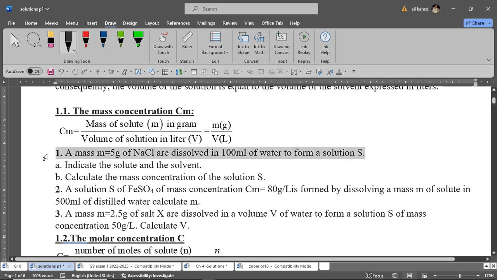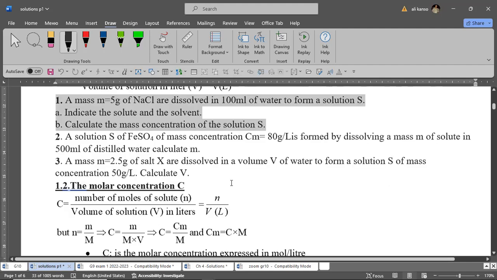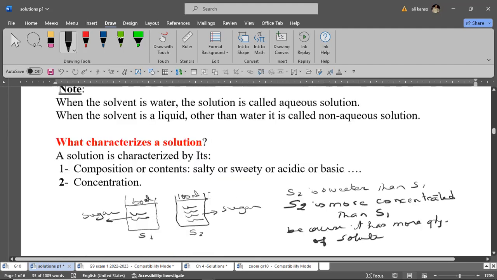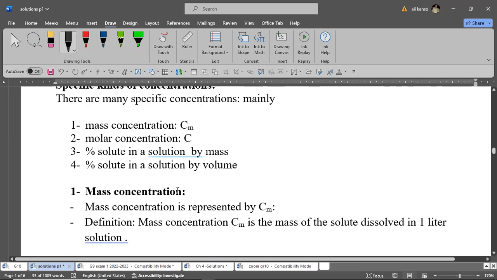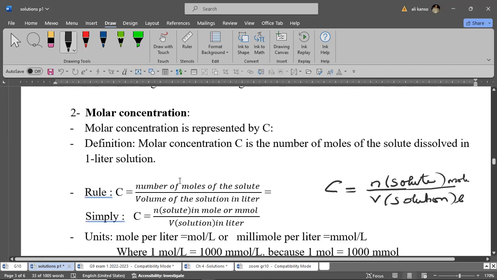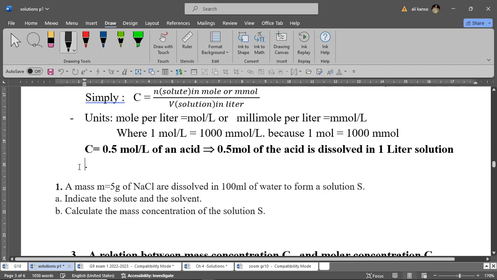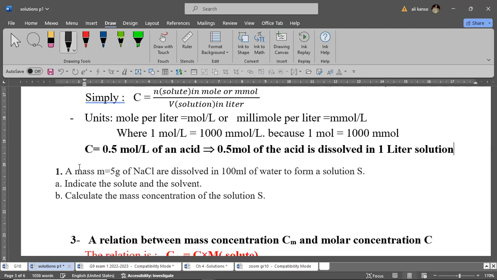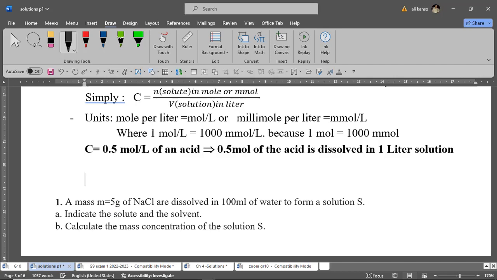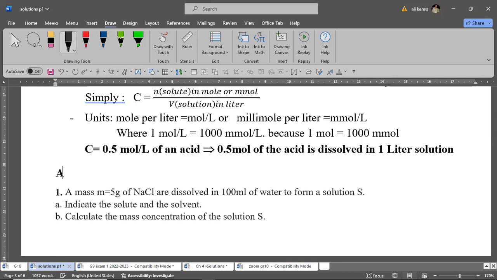Here we have a solution, a mass. Application, a small application.